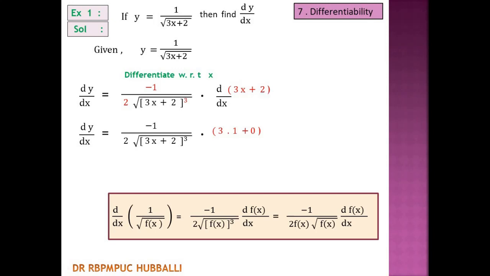Rewriting, this bracket term is 3 and this is minus 1. If we multiply, it becomes minus 3 divided by 2 root of (3x plus 2) whole cube. So this is the final answer, the derivative of the given function.